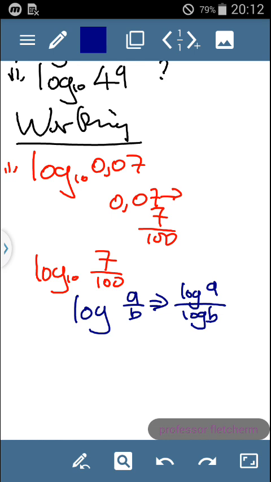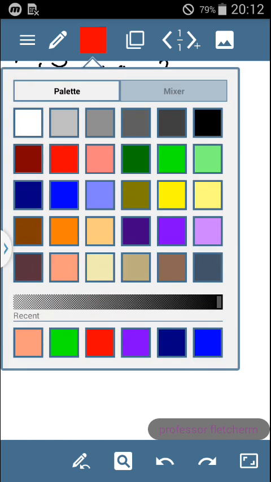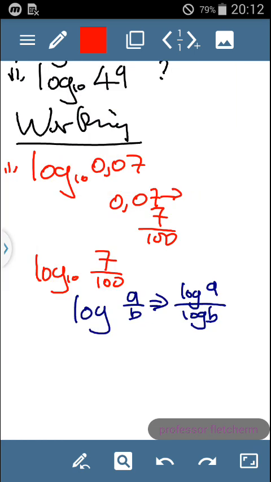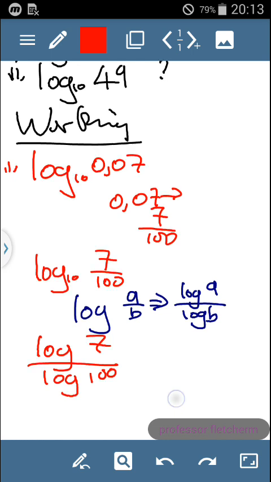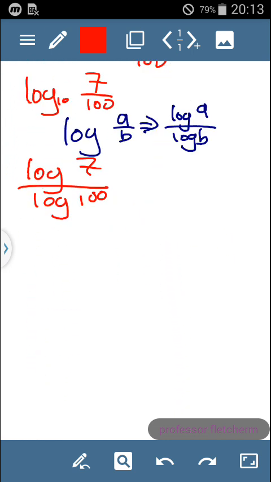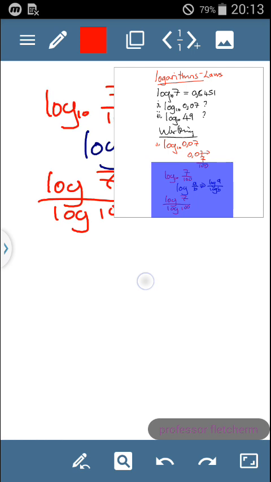So from our example, we are saying log 7 over log 100, and they are all using base 10.